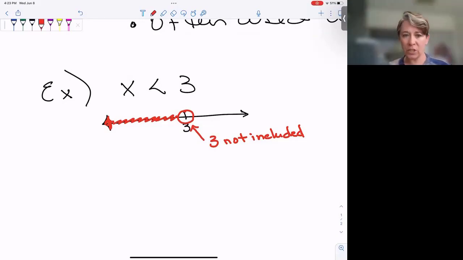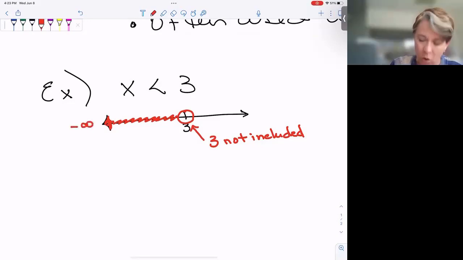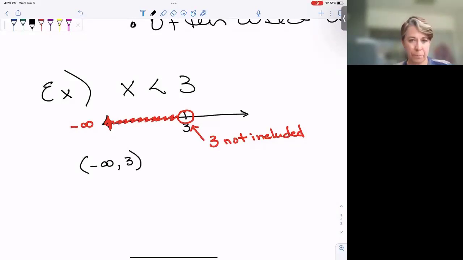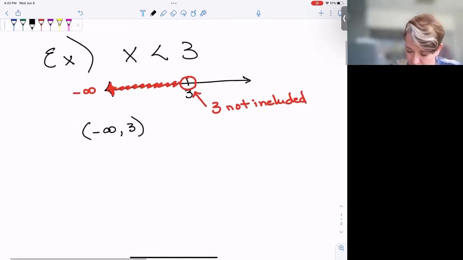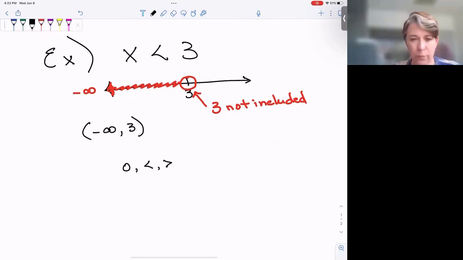So what interval notation does is it uses the endpoints of that interval. Notice it goes all the way out to negative infinity to the left. So we would say the solution goes from negative infinity to 3. A couple of things: if you are using an open circle, for less than or greater than particularly, then that's when we use a parenthesis.